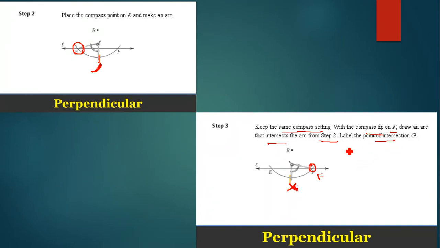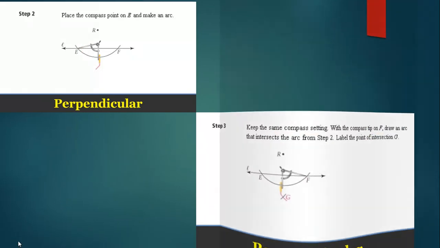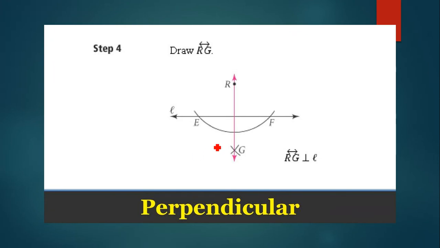Now label the point of intersection as G. So here I have written point G. Now draw a line through this point G and the point which was lying outside. That is the perpendicular line. Clear?